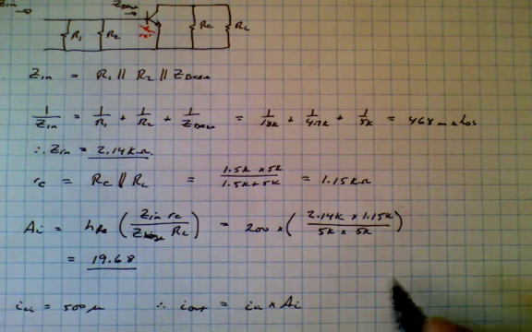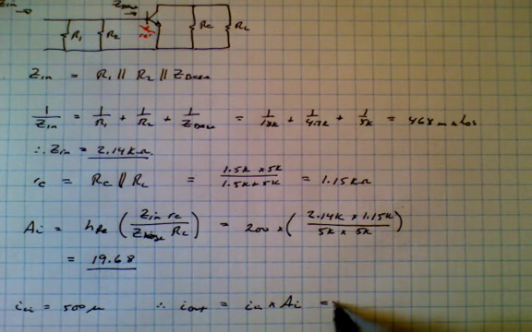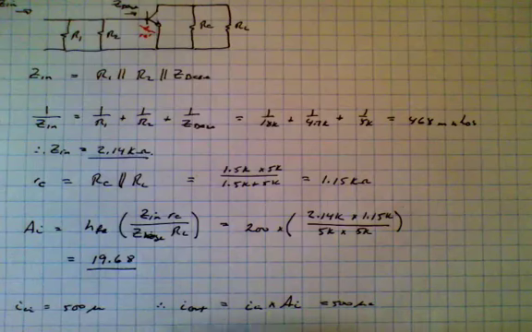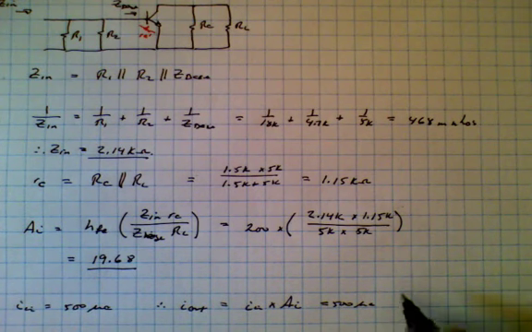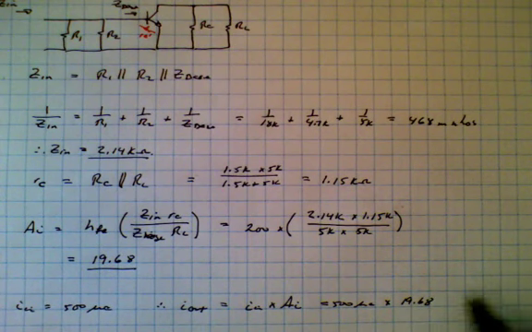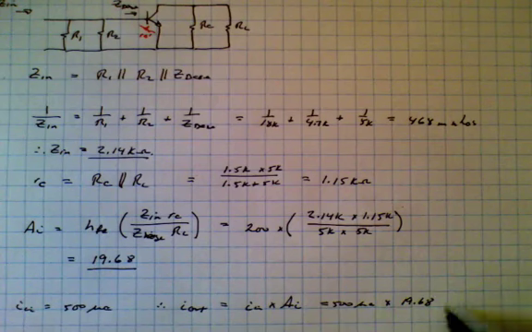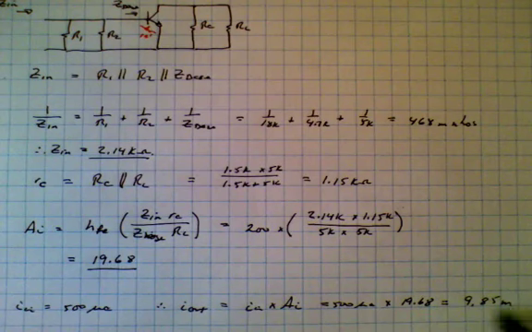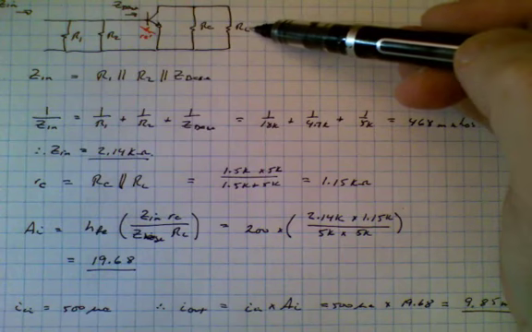And that is simply 500 microamps times 19.68, and that equals 9.85 milliamps. And that's the AC current that's flowing in the load resistor.